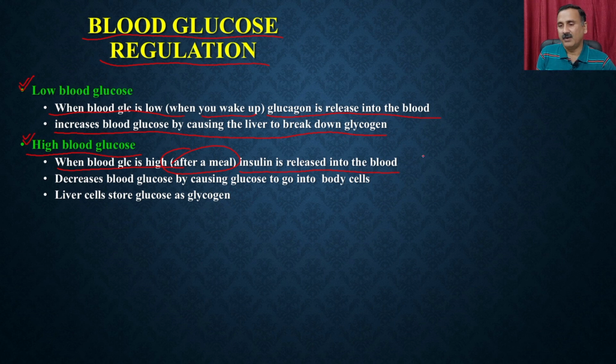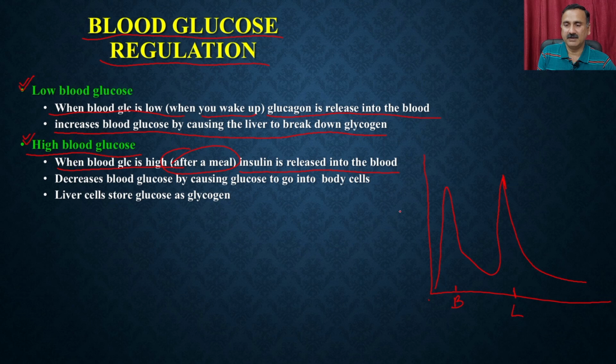Now, if you see the pattern of how it happens, suppose you have taken breakfast, lunch, right. The blood glucose level will go up like this, and it goes up like this. Okay, so this is the blood glucose level.